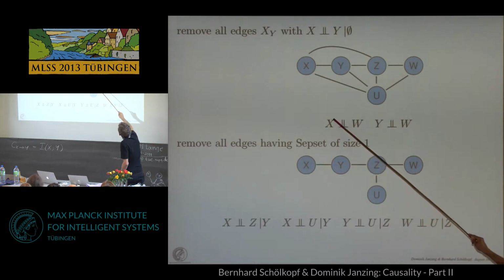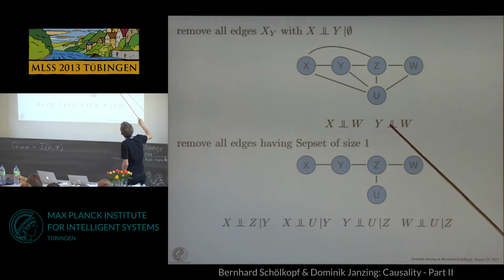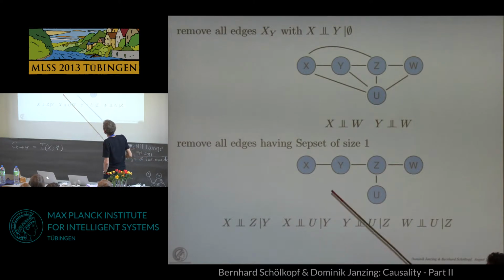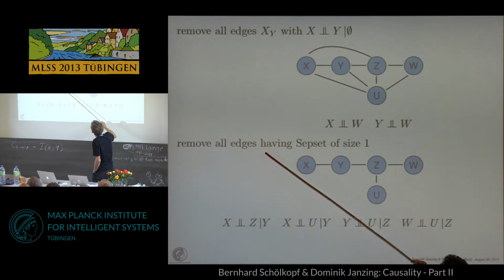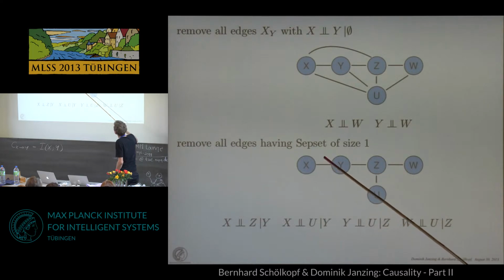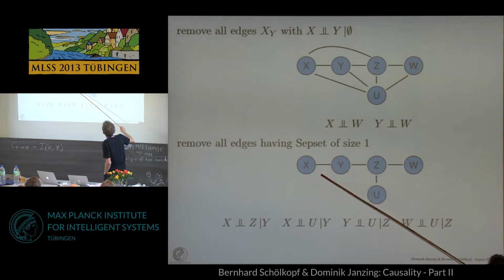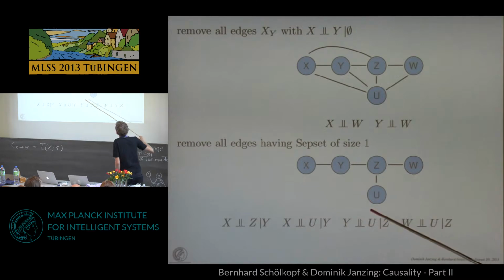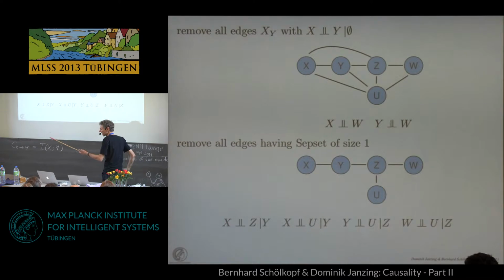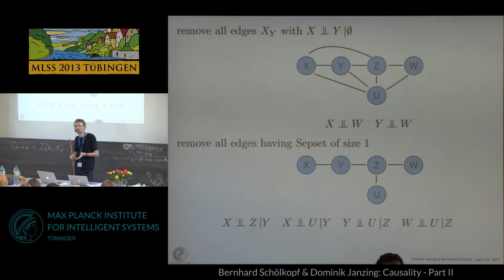We remove the edge xw and yw, and then we remove all edges for variables that become independent if I condition on one variable, and I end up with this undirected graph, which is already the skeleton. By conditioning on subsets of size 2, you can then realize that no further edges should be removed. That means that you already stop with subset size 1.